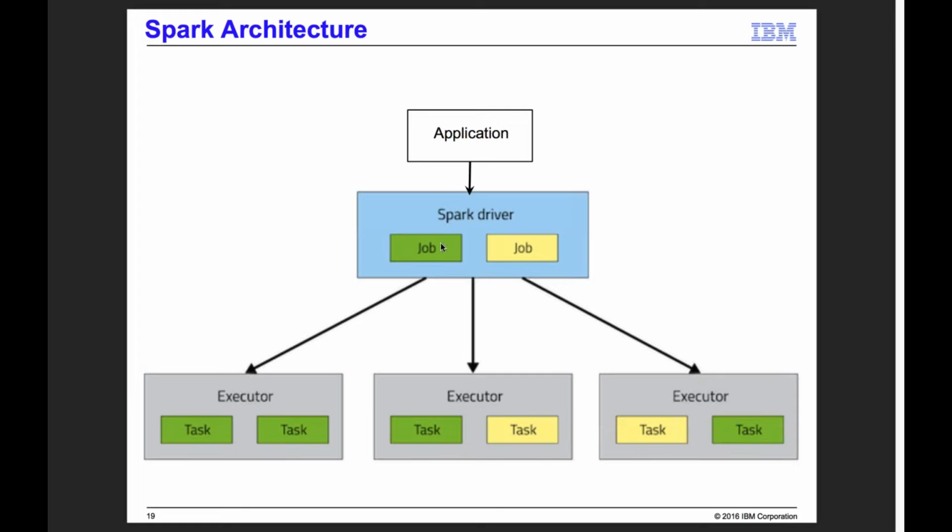This green job has 4 tasks. See how the 4 tasks are distributed in parallel. Similarly, this job has 2 tasks. Again, see how the cluster manager and the Spark driver achieve this parallelization working among themselves.